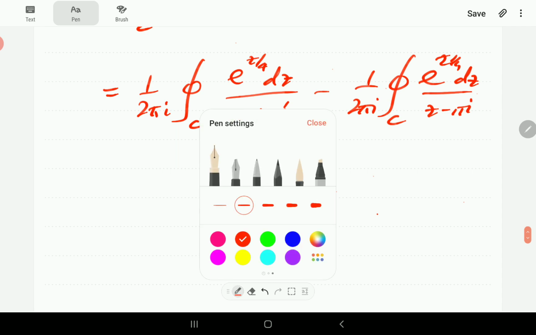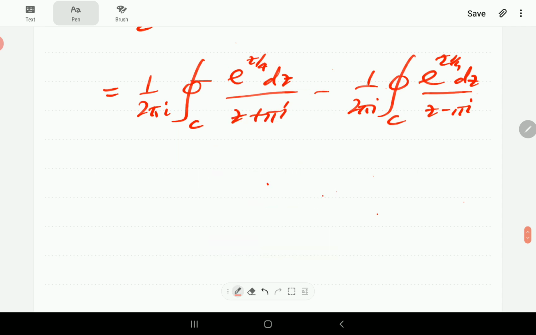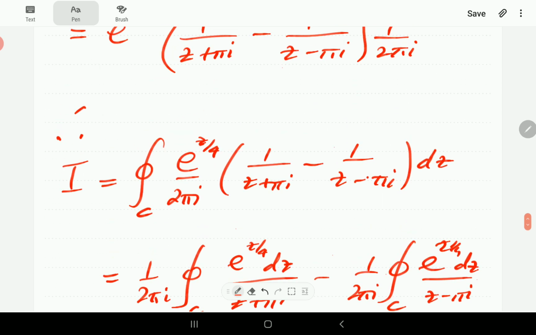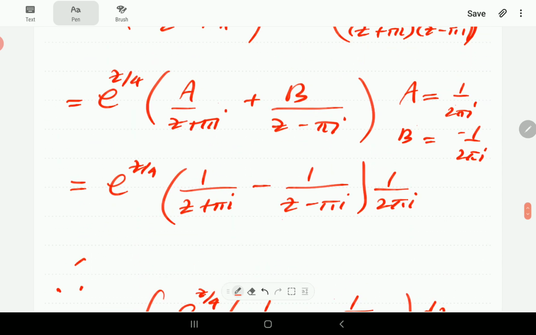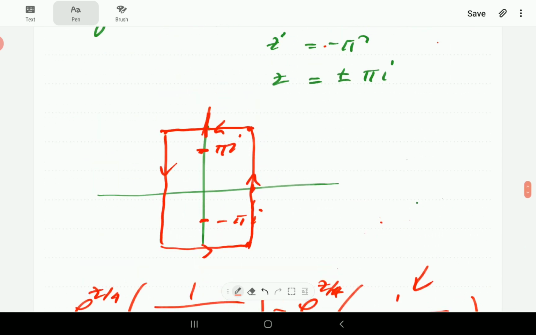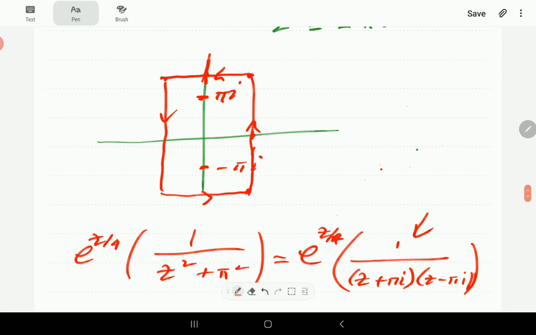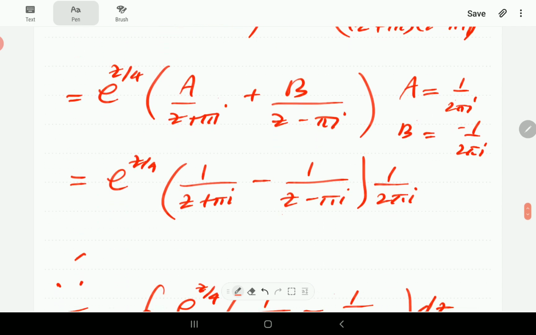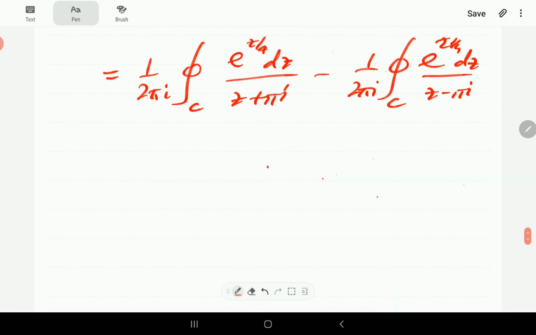Now this integral has got only one singularity, and that integral has got only one singularity, so we can apply Cauchy's integral formula here and here, and we don't have the problem that we had before, where this integral had two singularities inside our contour.